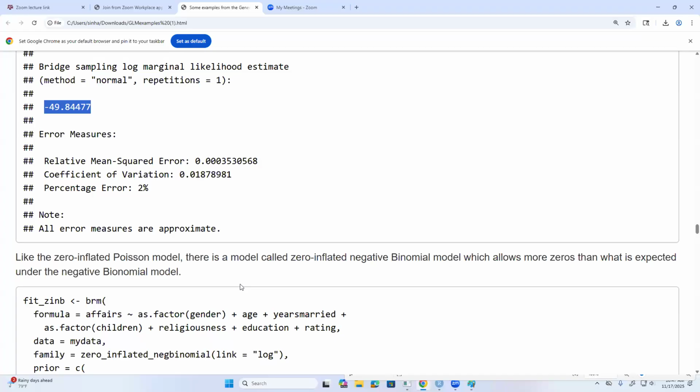If you decrease the rate parameter, it will increase the probability of zero, but simultaneously decrease the probability of non-zero values. You cannot ignore them. So you need to find a model which will capture your non-zero values as well as more zeros than what you expect from any Poisson model. Therefore, we need that inflation parameter.